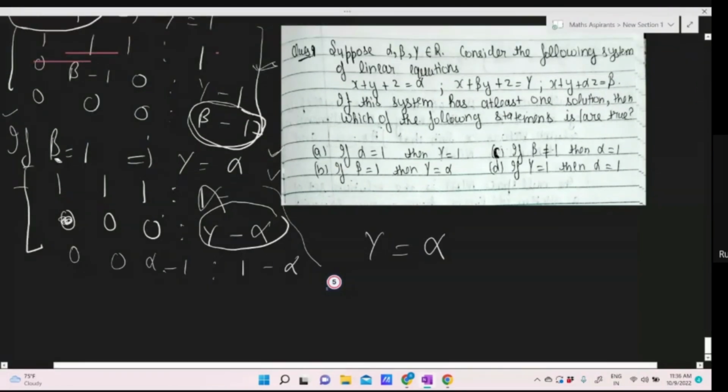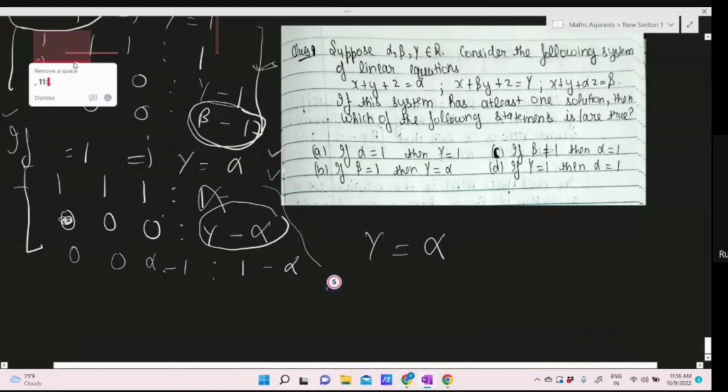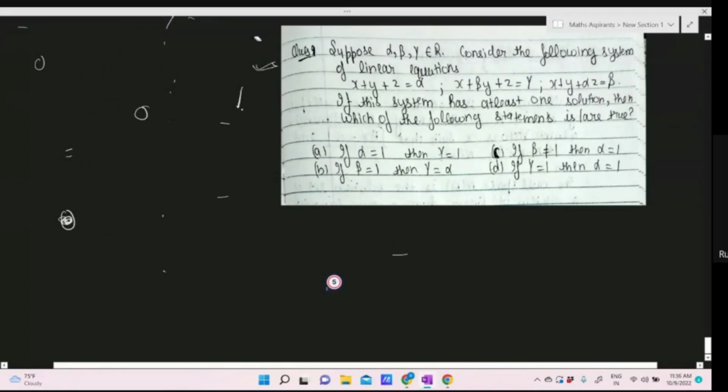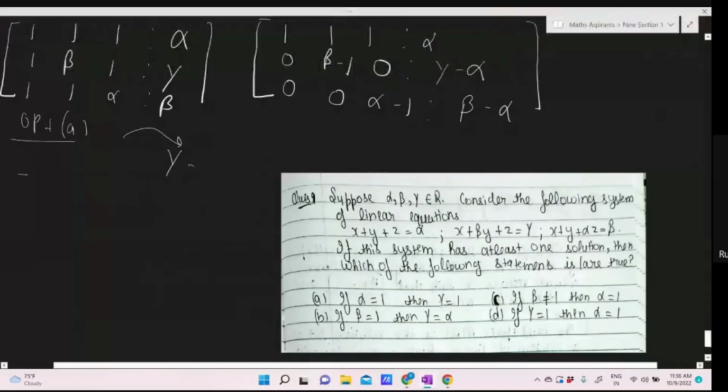Now we will discuss option number C and option number D. For option number C, let us take beta is not equal to 1.